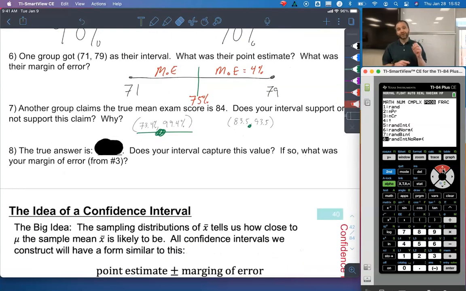Now, here's the true one. The true mean was 87.8%. Did we capture the interval? Both people managed to capture the interval because 87.8 falls in both of those intervals. And if so, what was your margin of error? What's interesting here is this.